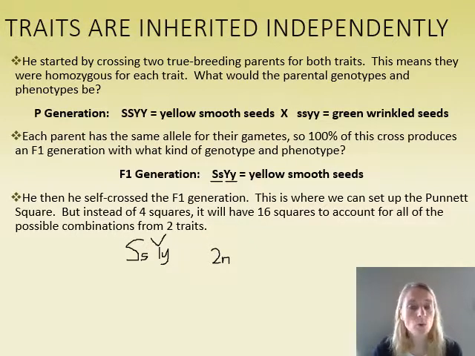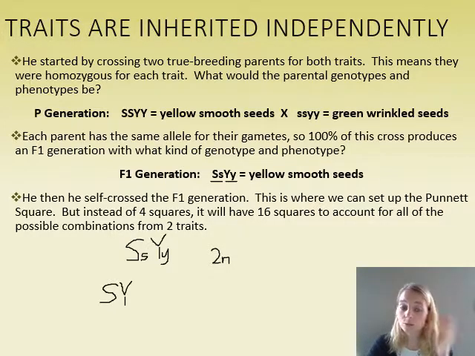So what are all the possible combinations of those 4 letters into 2 letters? You've got to have an S and you've got to have a Y. Let's do the dominant ones first. Because the F1 is going to cross with itself, each parent's egg could donate a dominant for each: dominant S and dominant Y. Or we could have a dominant S and a lowercase y.